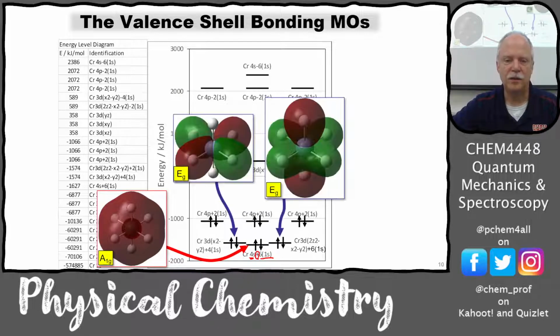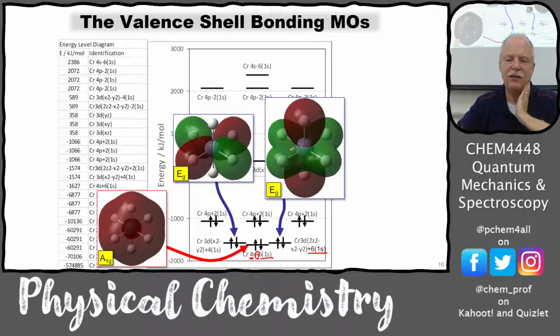Okay, let's look at the next one. Let's go over here to the 3d orbital that is designated as 2z squared minus x squared minus y squared. And then I have plus 6 1s, so it's saying that it's in phase with 6 of the hydrogens.